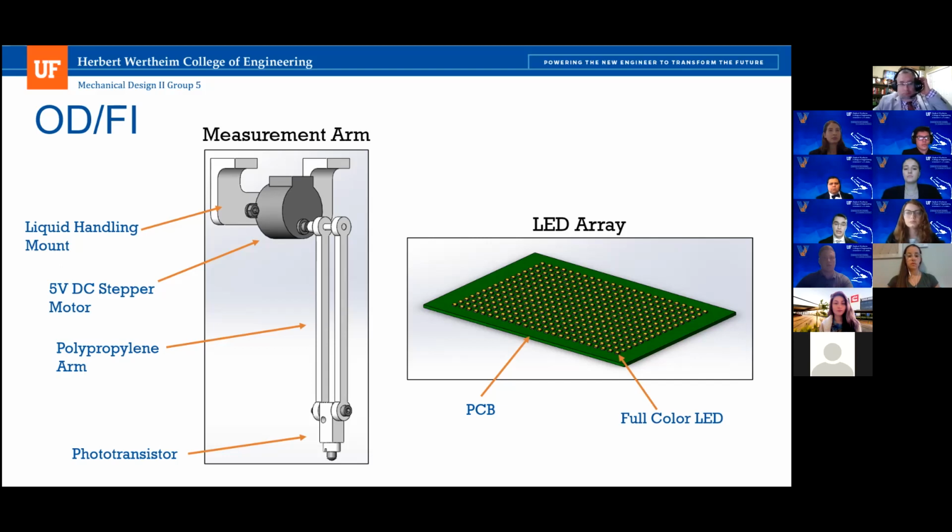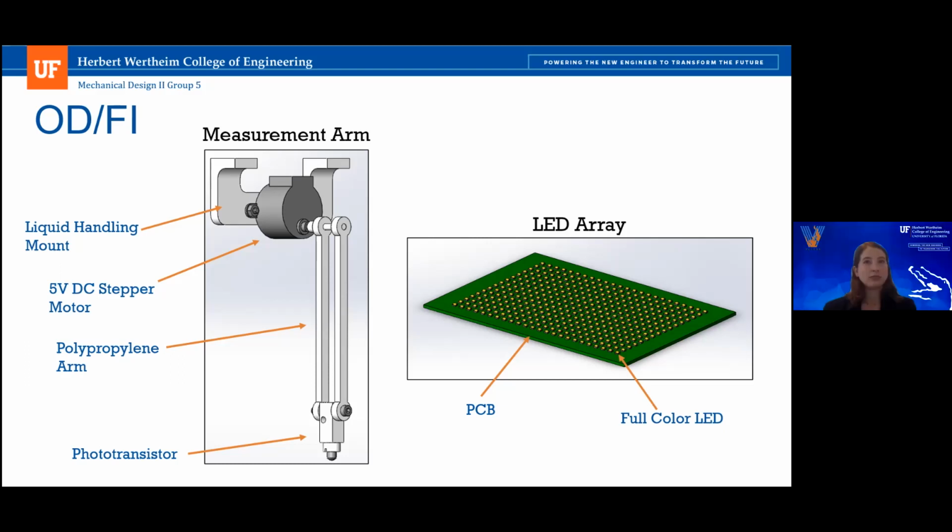Now, again, because it's mounted on the liquid handling subsystem, we want to ensure that while we're dispensing and taking in fluid in this syringe, the ODFI measurement system does not get in the way or interfere by bumping into any tubes or well plates. And so that was the reasoning behind placing a 5-volt DC motor there.